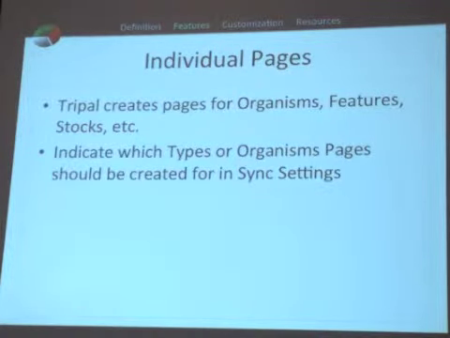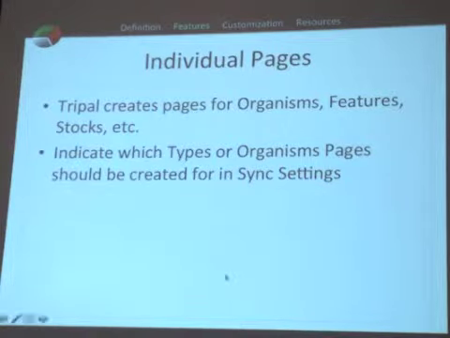As far as the individual pages go, you have two levels of granularity to decide what pages you want. With Tripal, we have separated into modules based on type. So if you don't have any stock data, you just don't enable Tripal stock, and you don't get any of those pages. But we also have an additional level of granularity, especially with feature data.